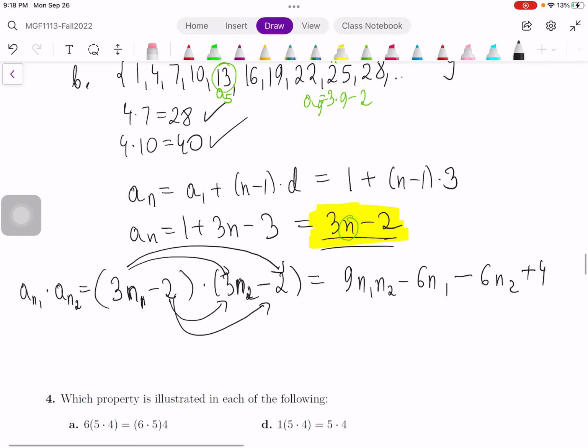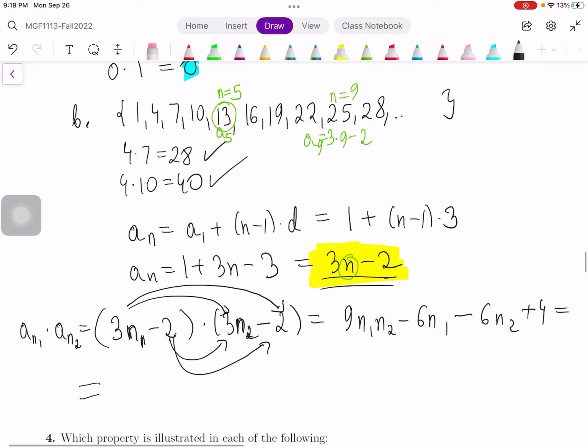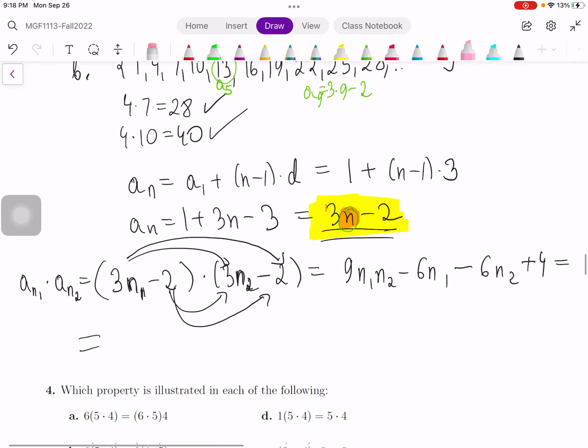For this to be still back in the set, it has to be of the form 3 times n minus 2 for some n. So I want to create a minus 2, so at the end I'm going to add and subtract 2.